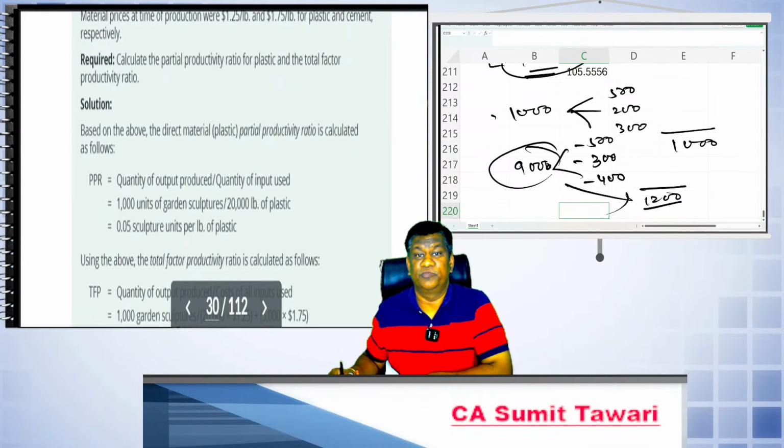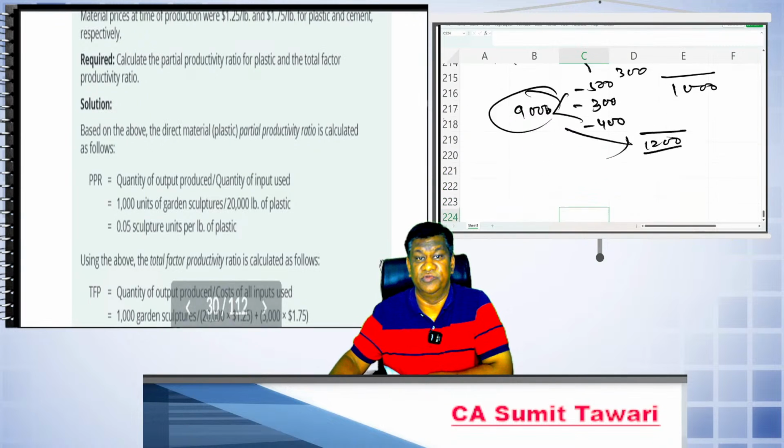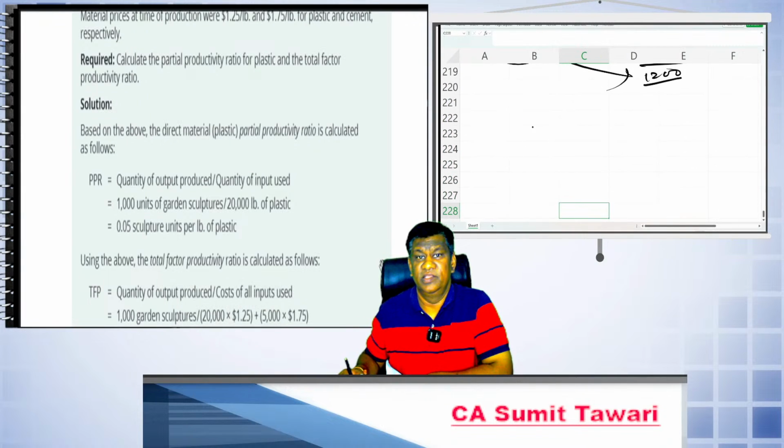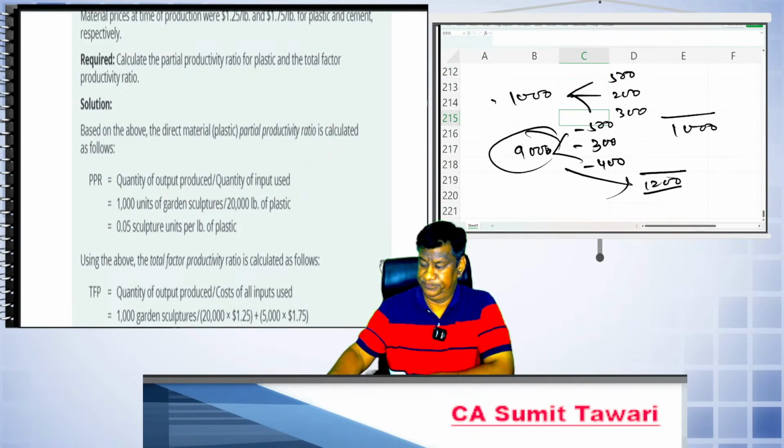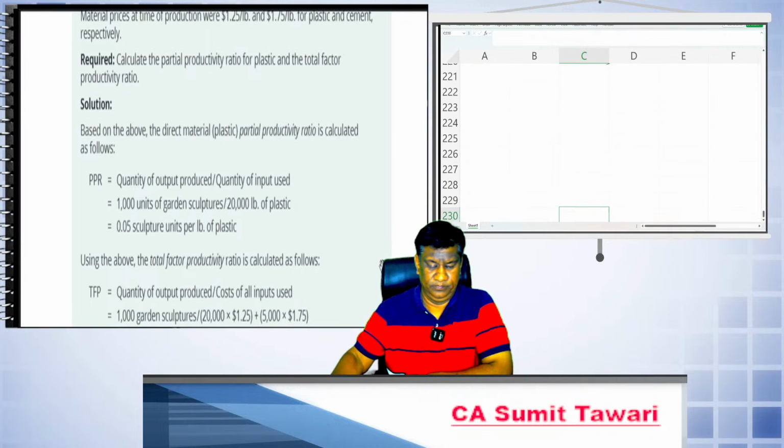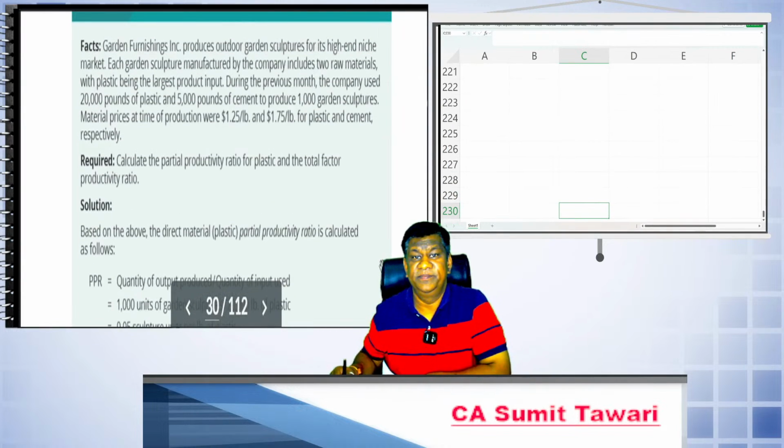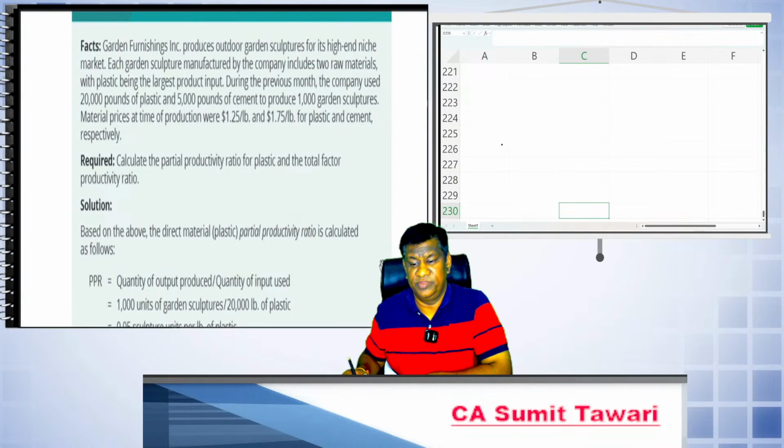So the quantity of the output produced. Here you need to consider the quantity only. So if I consider the quantity, output is basically 1000 units.